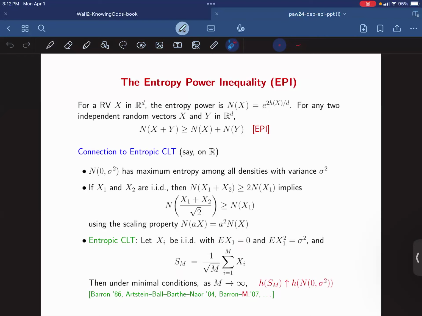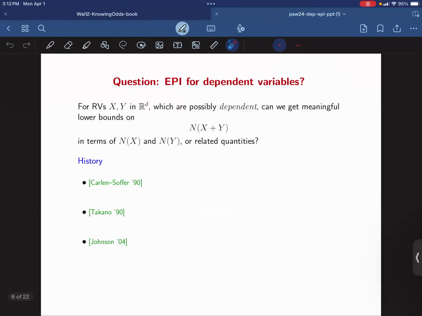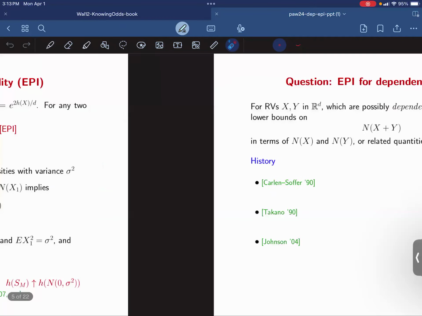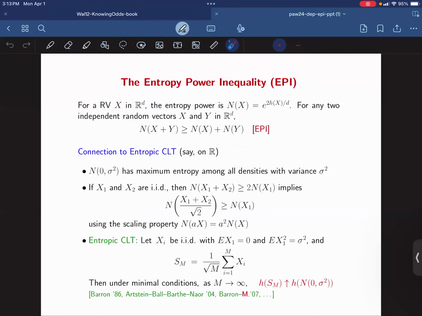And so there's plenty of reasons to consider studying this inequality, right? So one can ask, there's been a lot of work on entropy power inequalities and refinements of them, which came out of this refinement due to Artstein, Ball, Barthe, and Naor, and now some of them are in this paper.